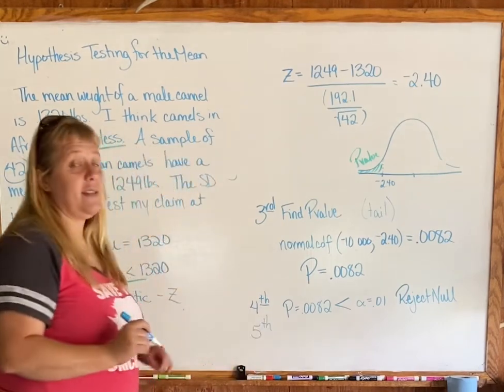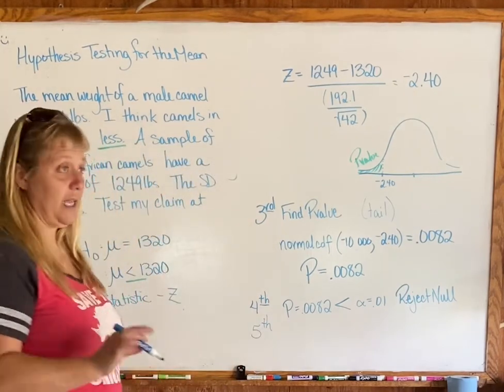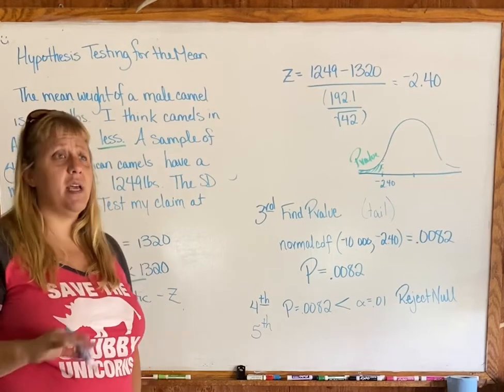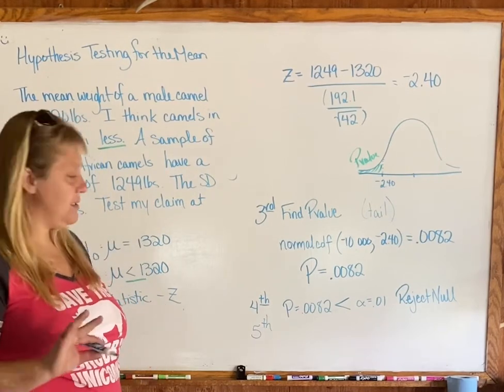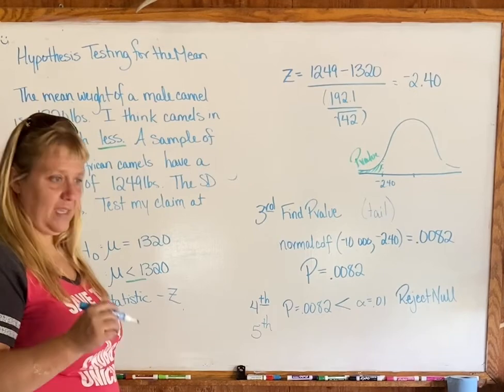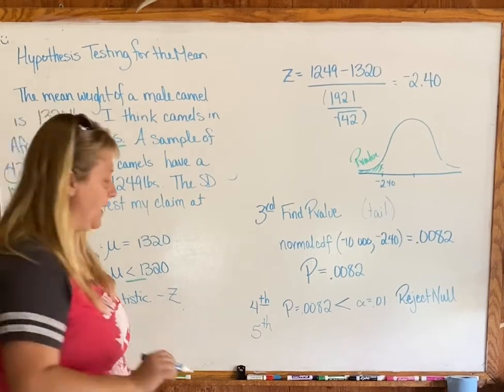So we need to write this in a sentence, and this is what our sentence will look like. Just like when we did confidence intervals, it's the same idea here. Get in the habit of writing the sentence and it will start to make sense.